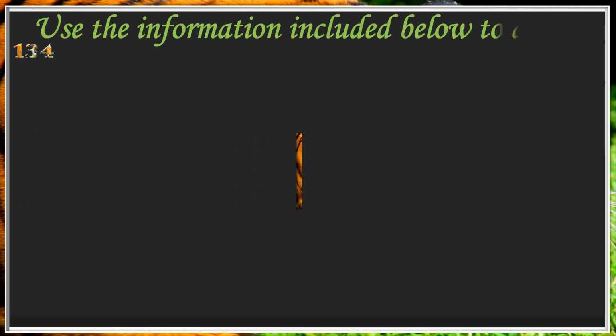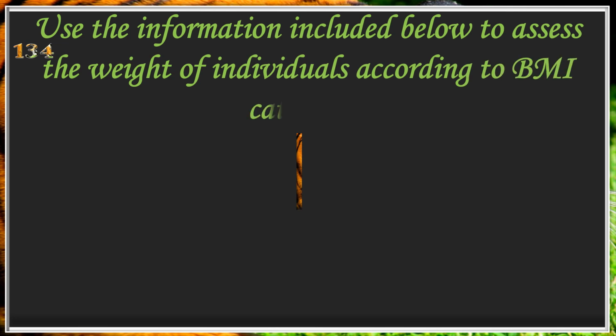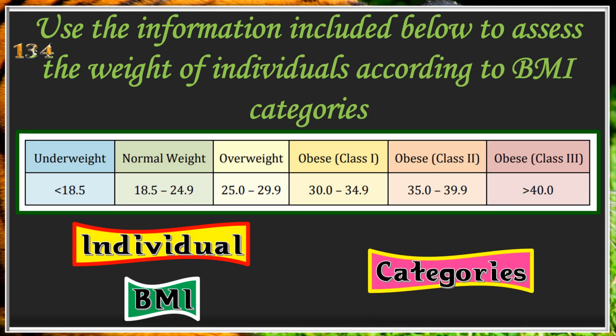Use the information included below to assess the weight of individuals according to body mass index categories. We have different categories. Underweight, that is below 18.5. Normal weight, between 18.5 to 24.9.